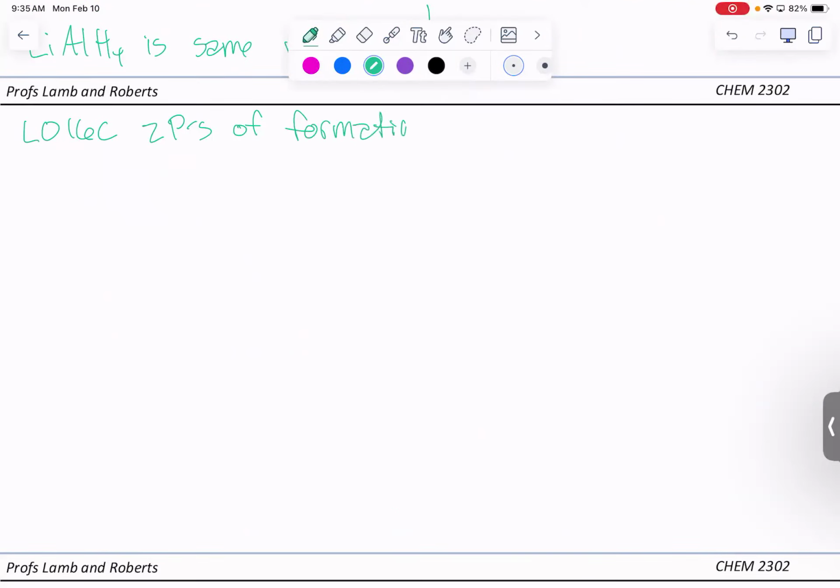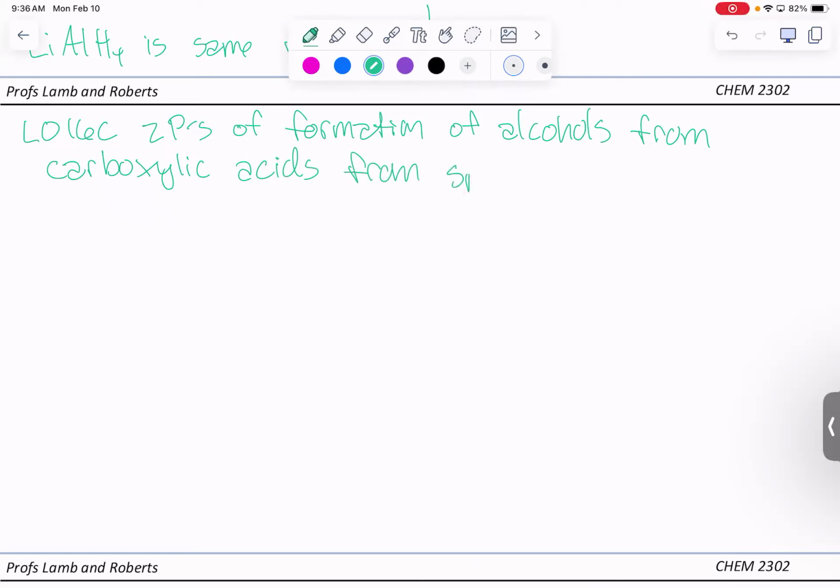Again, the theme of the chapter is making alcohols. But instead of from ketones and aldehydes, this is going to be from carboxylic acids. All right, and this is from specific hydride reagents.